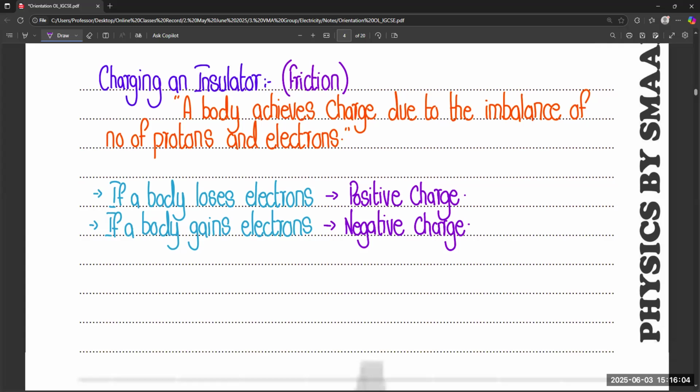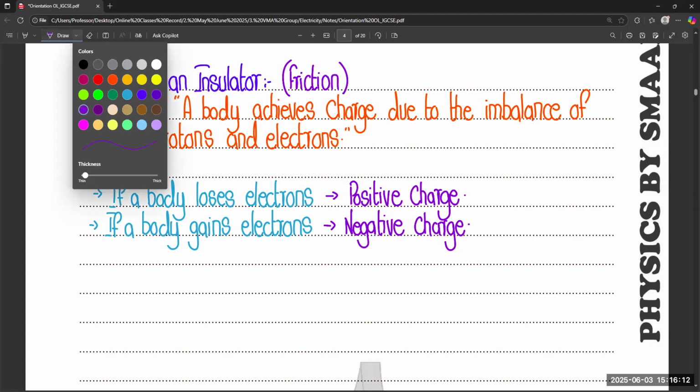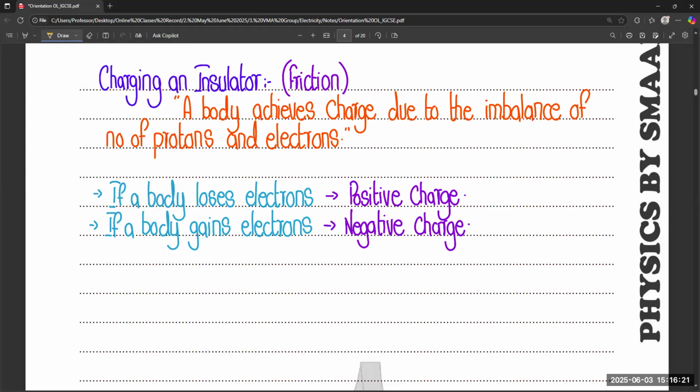Again, only electrons can move, only electrons are free to move. So that's why we always write with reference to electrons. Never write your answer with reference to protons. Otherwise, you will get 0 marks for that because there is no concept of moving protons.